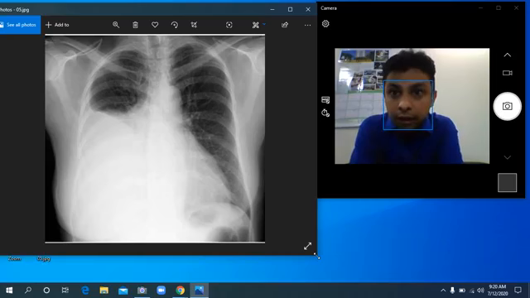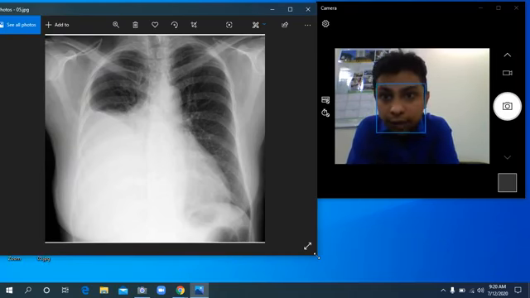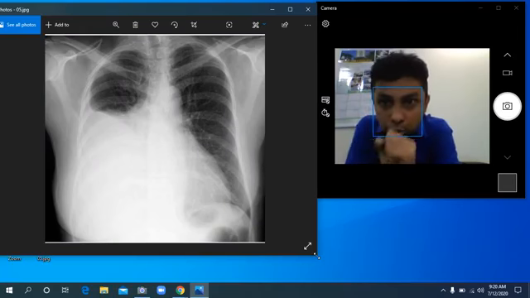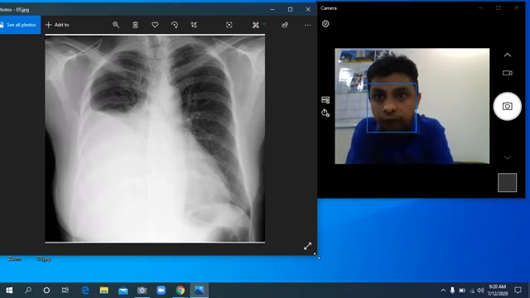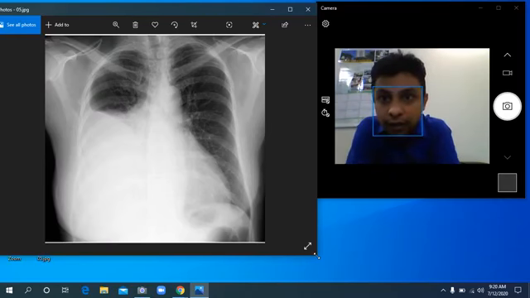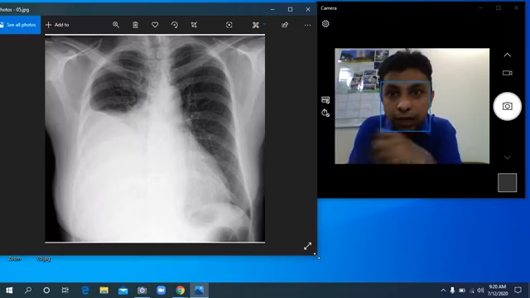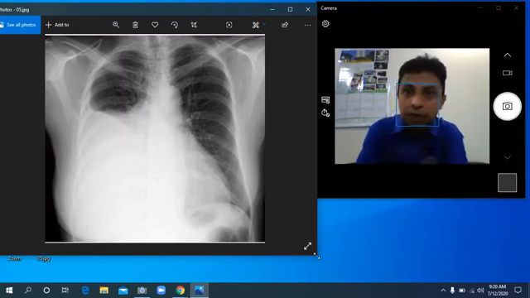And next, we check the position of the patient, and you can see that the thoracic 3 and thoracic 4 vertebra is equidistant from the medial end of both clavicles. So the position of the patient is also all right here.